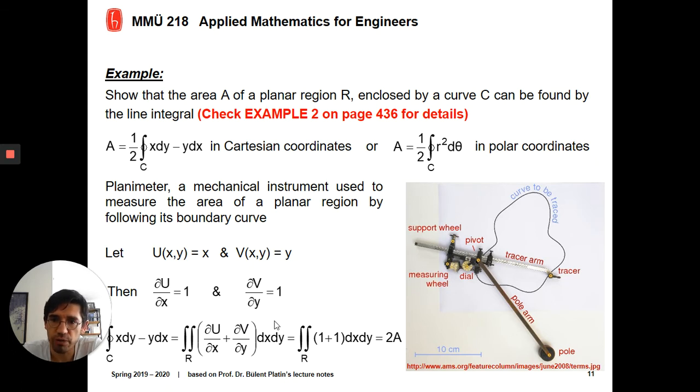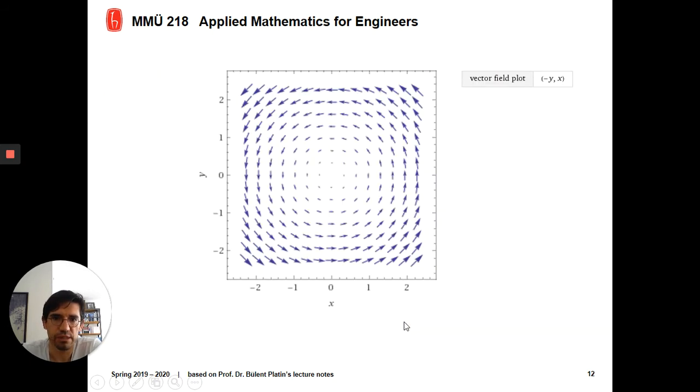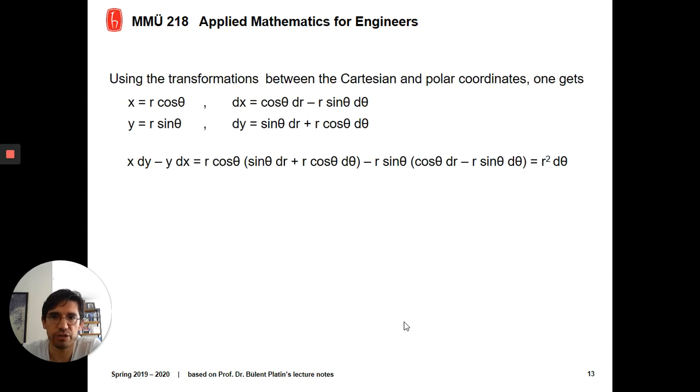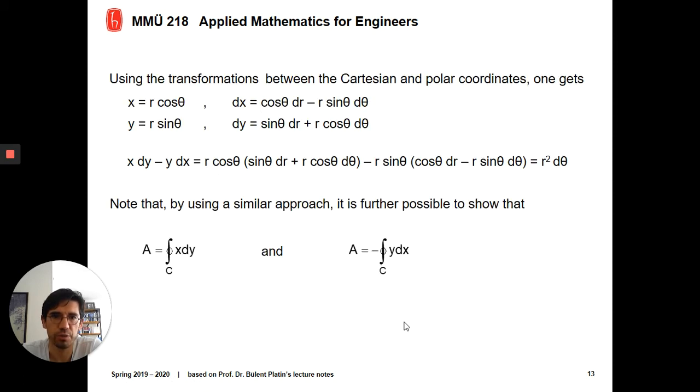And how about the curl form? In the curl form, maybe I could have put another function like minus y. And in that case, this would again be 2A's, okay? And so on and so forth. Well, this is some field like this, and you could look at this example in polar coordinates.